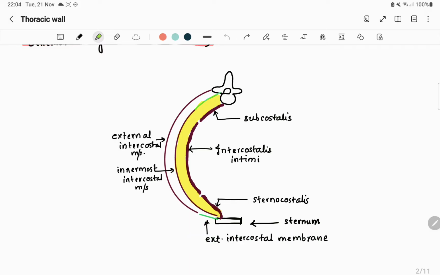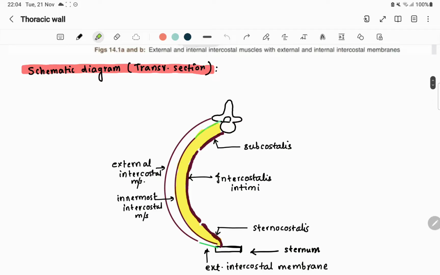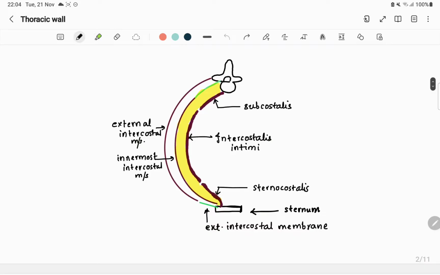And this is the innermost intercostal muscle. There is the innermost intercostal membrane which attaches the innermost intercostal muscle to the vertebrae. This is the internal intercostal, and this is your innermost intercostal muscle.